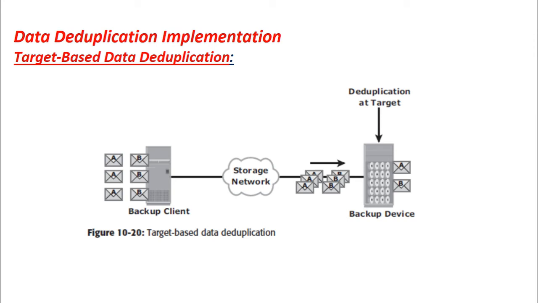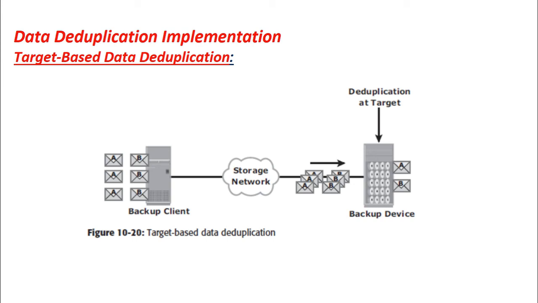In this case, the backup client sends the data to the backup device, and the data is deduplicated at the backup device, either immediately, that is in line, or at scheduled time, that is post process. Because deduplication occurs at the target, all the backup data needs to be transferred over the network, which increases the network bandwidth requirements. Target-based data deduplication does not require any changes in the existing backup software.